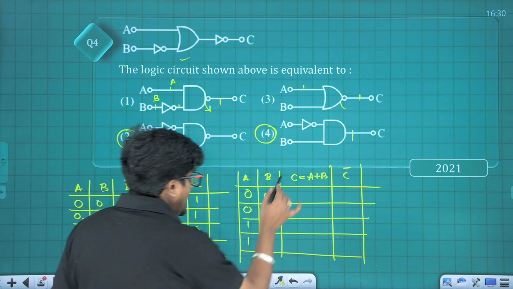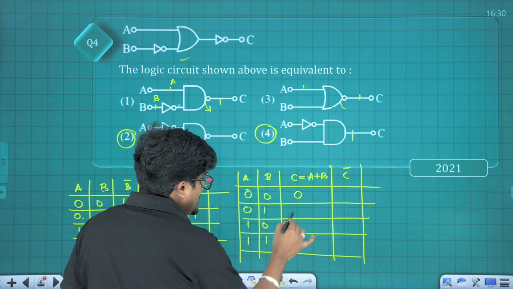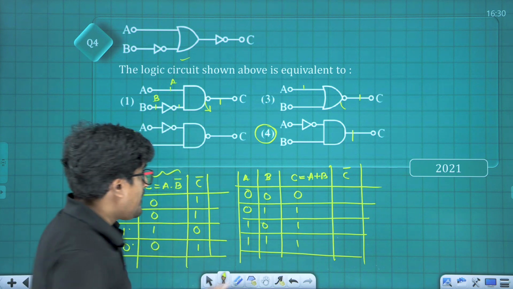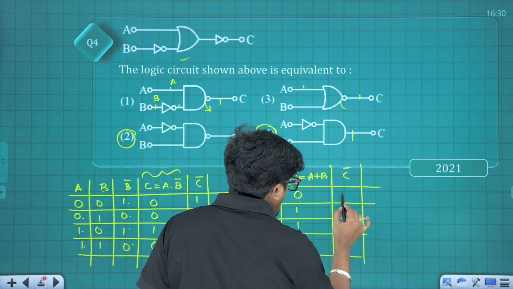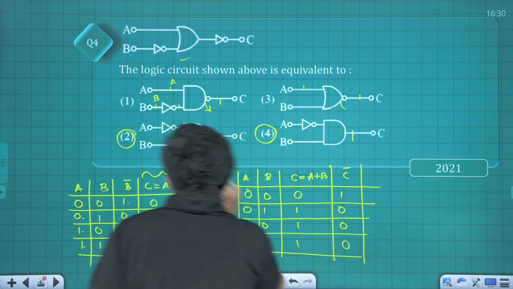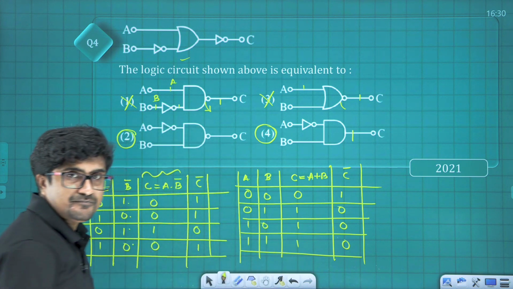It is A plus B, so this is 0 and the rest all is going to be 1. And the inverse of this is 1, 0, 0, 0. So this is not the answer. This is also not the answer.